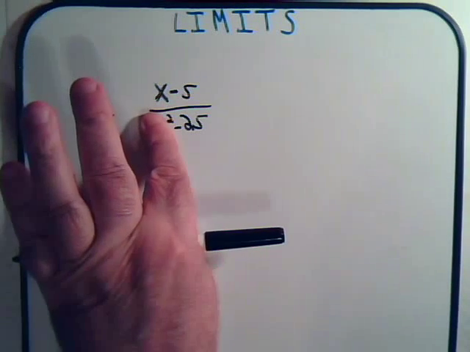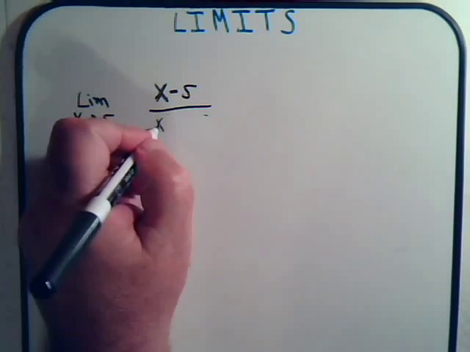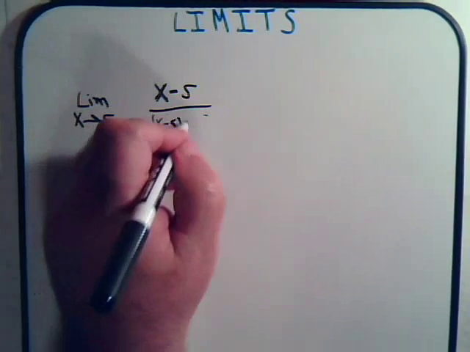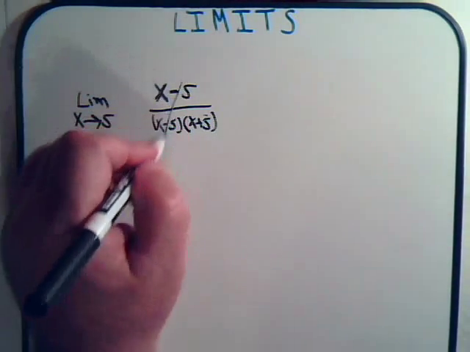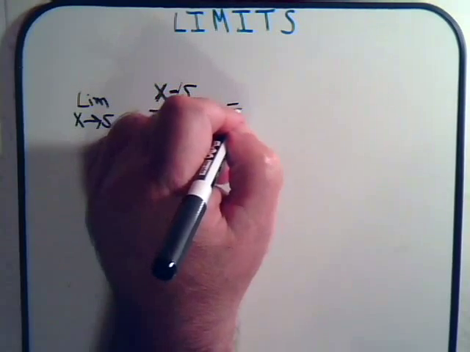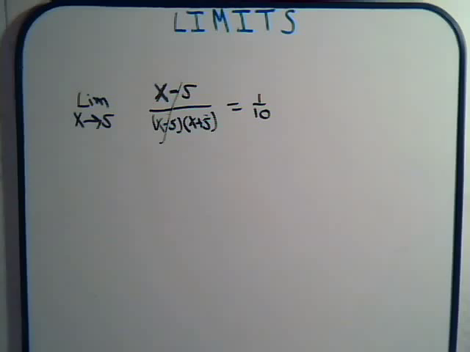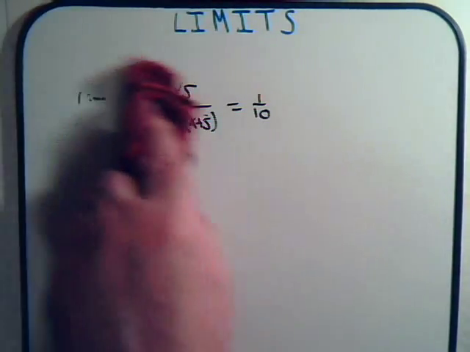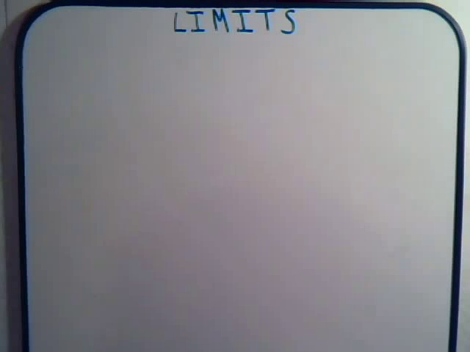But we can rewrite this. This is x minus 5 times x plus 5. These cancel, and now this will equal 1 over 10. So again, one of the things to look for when you get an answer that doesn't make sense, just by plugging your limit right into the problem, is to see if there's a factorization that can help you out.